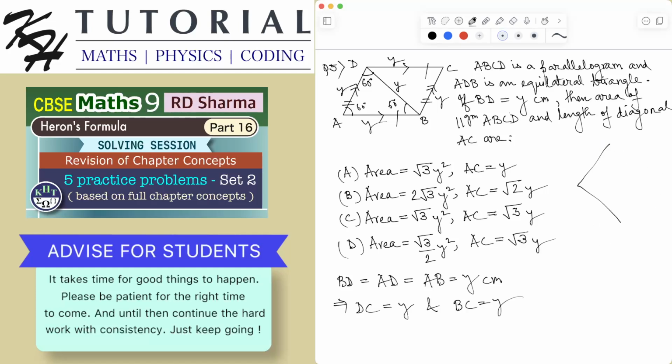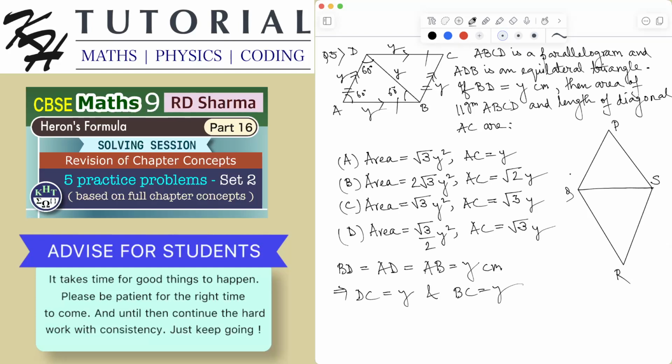Let's say this is a rhombus. My rhombus is not looking perfect anyway. So let's say the rhombus is PQRS.